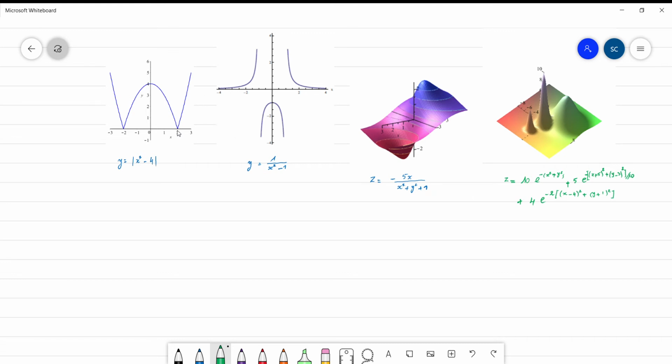Also for the minimum here, yes, we see that 0 at -2 and 2 is the lowest value of our function. But for the second function, we don't have a smallest value, since the function takes large negative values indefinitely.